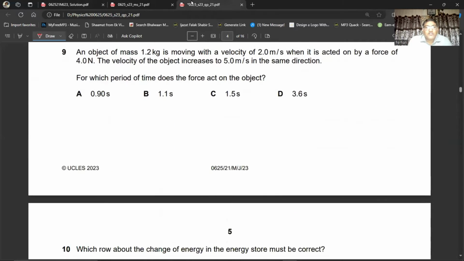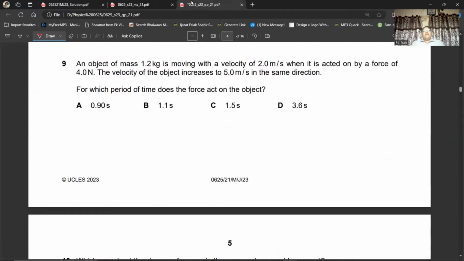Okay. Now we are going to start from question number 9. An object of mass 1.2 kg is moving with a velocity of 2 meters per second when it is acted on by a force of 4 Newton. The velocity of the object increases to 5 meters per second in the same direction. For which period of time does the force act on the object?